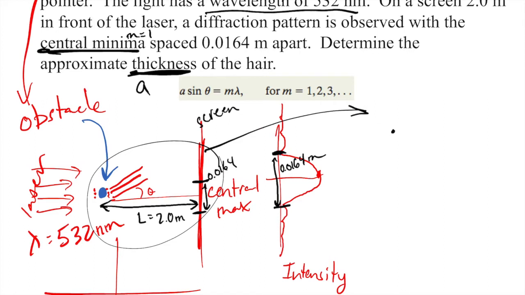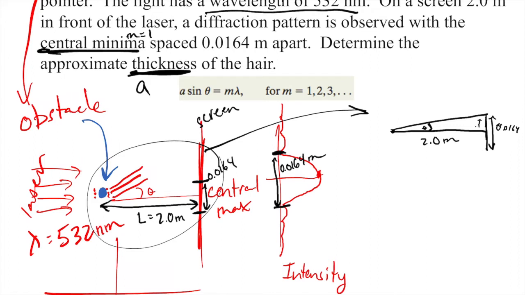Let's draw this over here. Basically I have a right triangle, with angle theta, and this is 2.0 meters. I'm told that this whole length here is 0.0164, but theta is only what's going on in this top triangle.